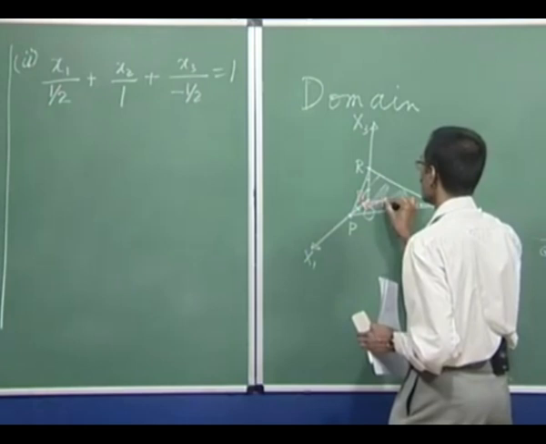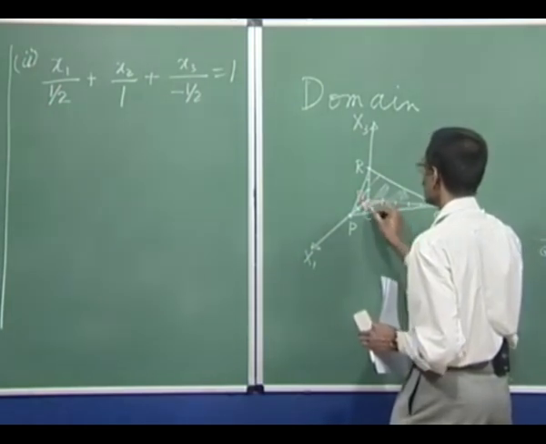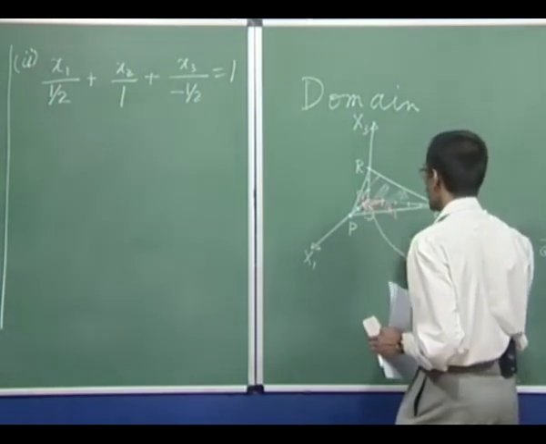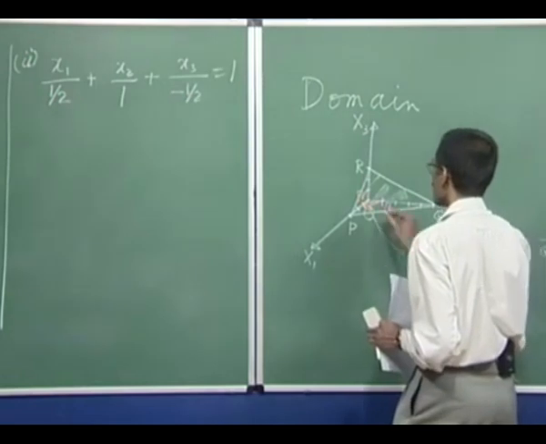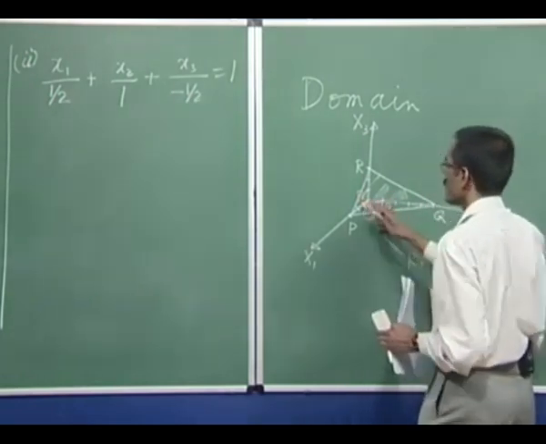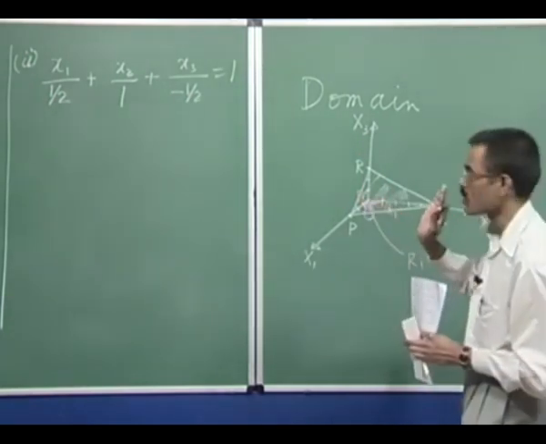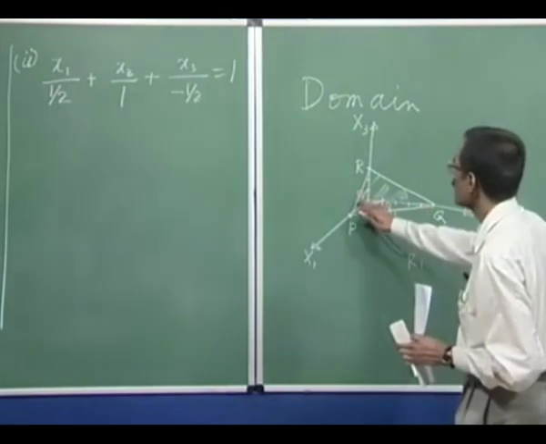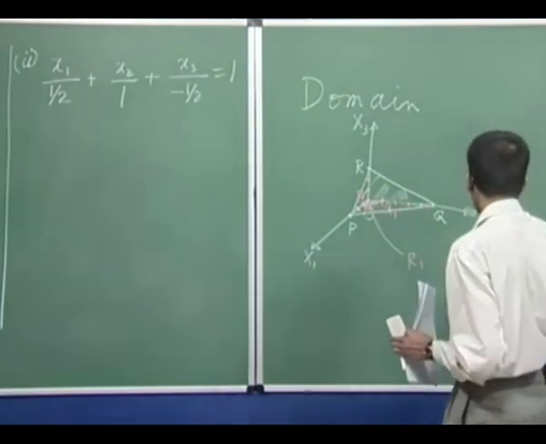This will be the triangle P1 Q1 and R1. This red triangle is the triangle under question, and we try to see mappings here.